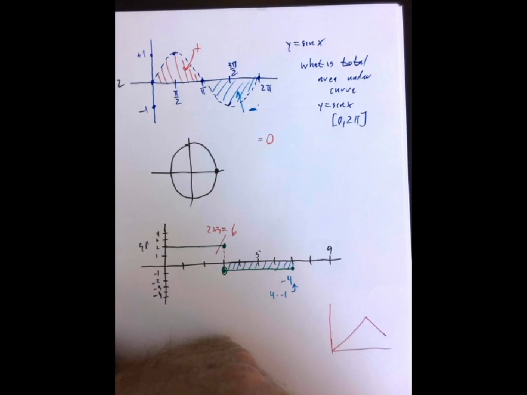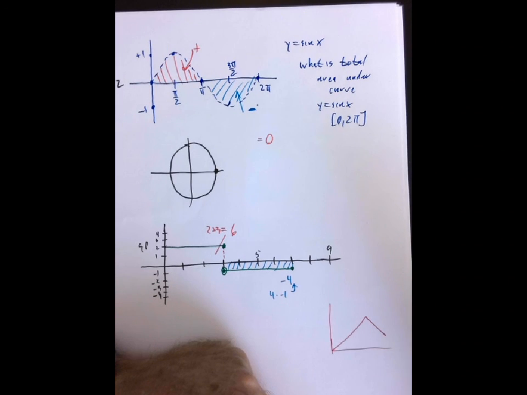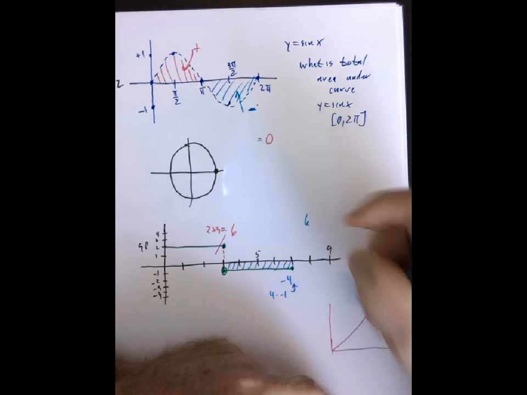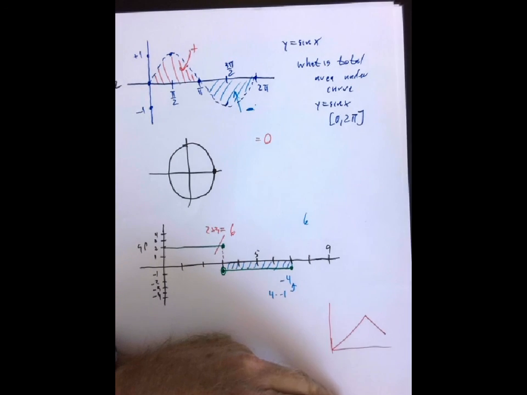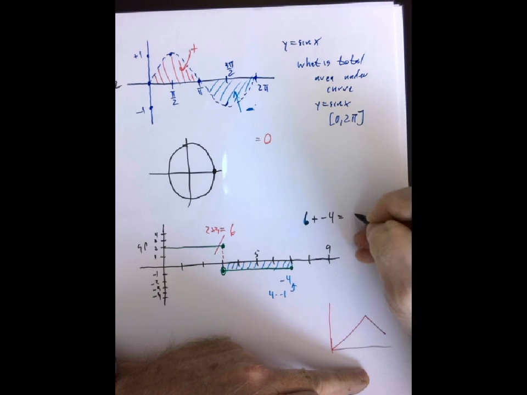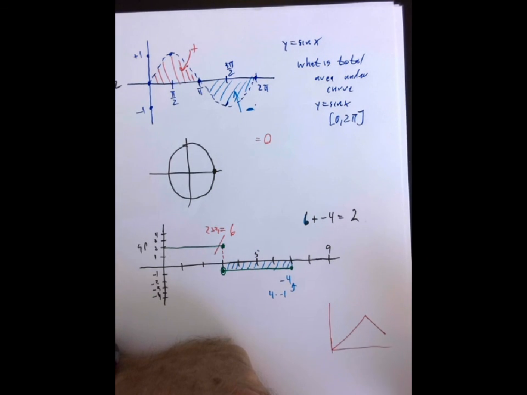And now we add them to get the net position change. Well, that's 6 plus negative 4, that's equal to 2. Okay?